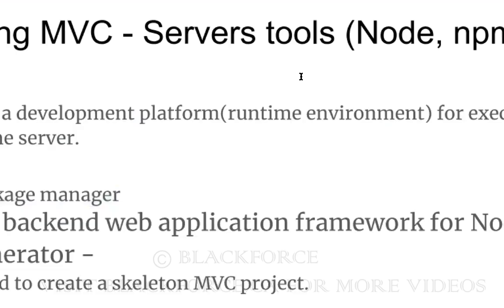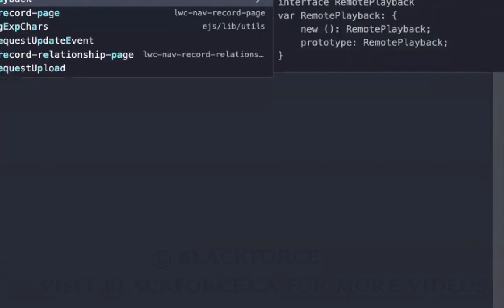There's a principle in software development called DRY. It means Don't Repeat Yourself, right? What this means is that whatever has already been done, try to avoid doing it again.